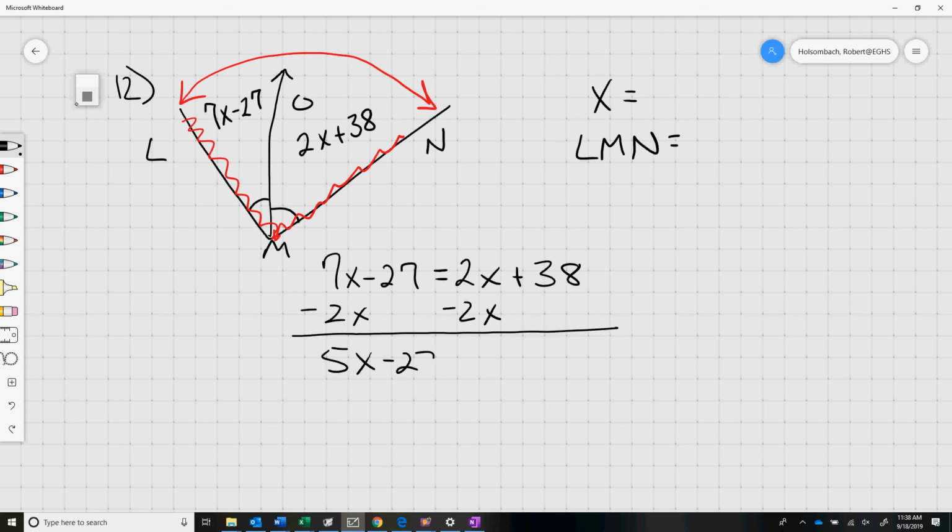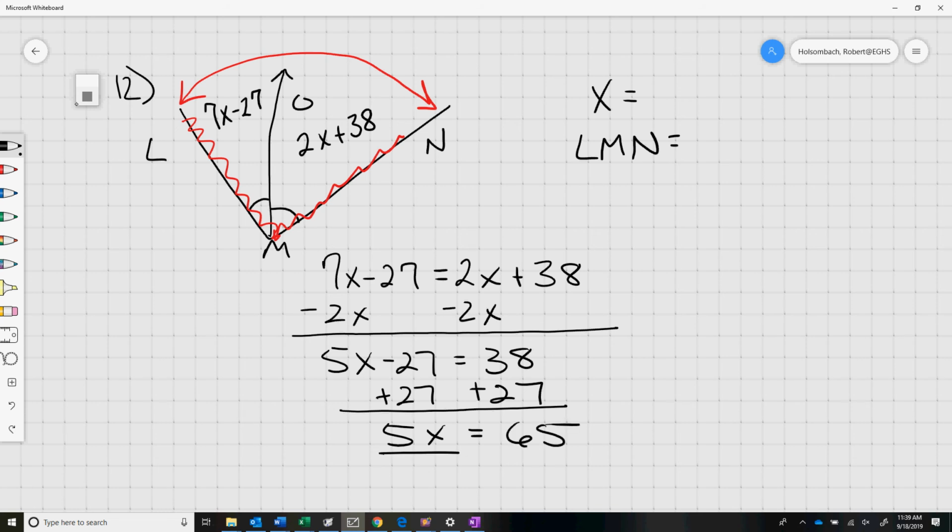You can add 27 to each side. Your 5x will equal 65, and then divide by 5. So x equals 13.